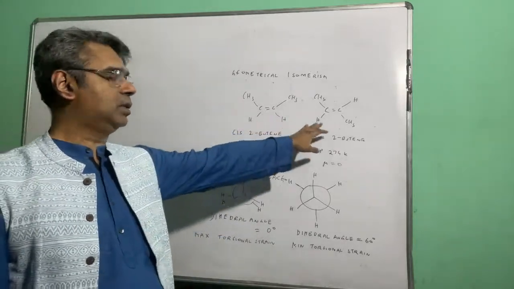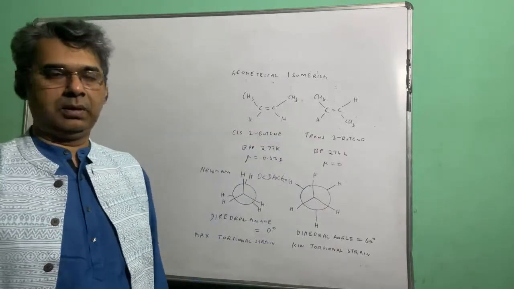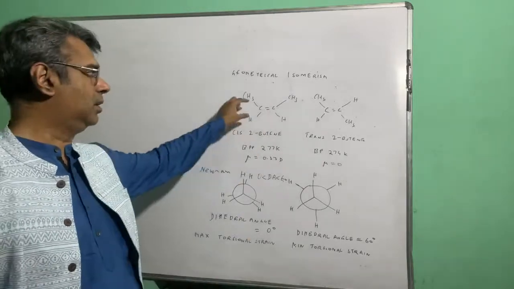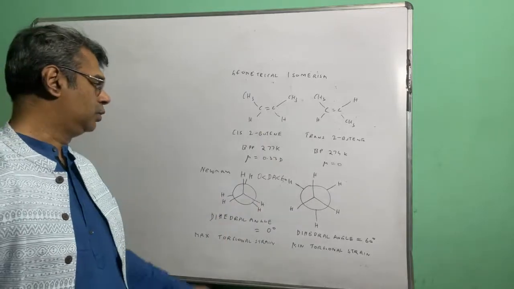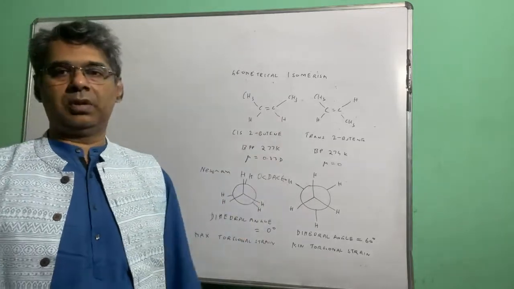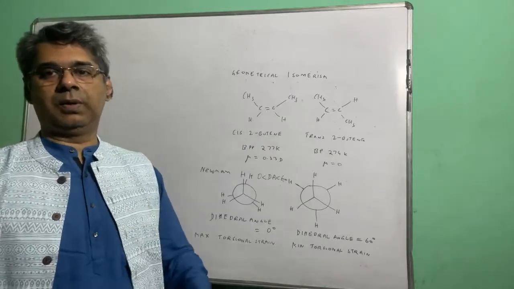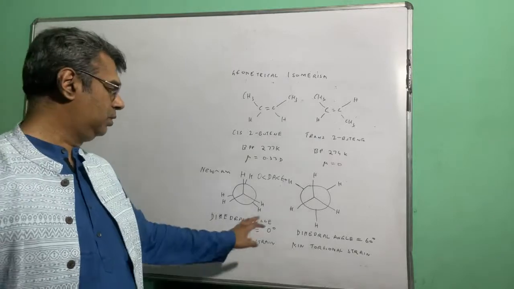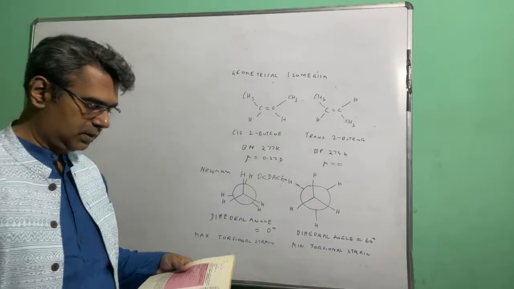And in case of alkenes, here rotation is impossible because there is a pi bond, and pi bond is lateral overlap, so it acts like a lock, so rotation is impossible. So both conformation isomerism and geometrical isomerism, the underlying principle is whether rotation is possible about the bond or not, and no, it is not possible, and that is why you have conformation isomers and that is why you have geometrical isomers, right?